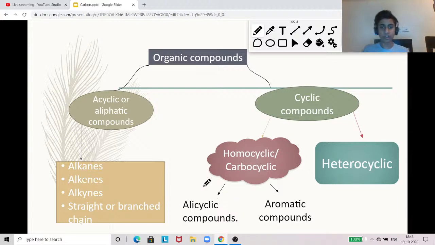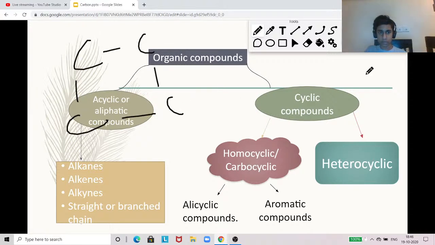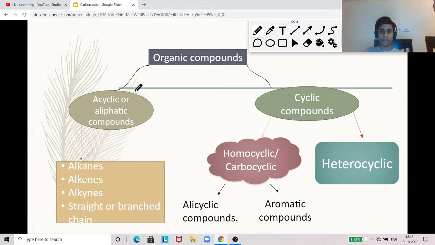Alicyclic compounds are basically just single bonds in the ring, like this, and the hydrogens are implied. Generally, all carbons will have two hydrogens, and that's why alicyclic compounds and alkenes are generally isomers.